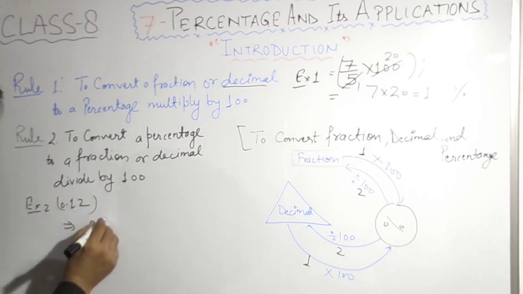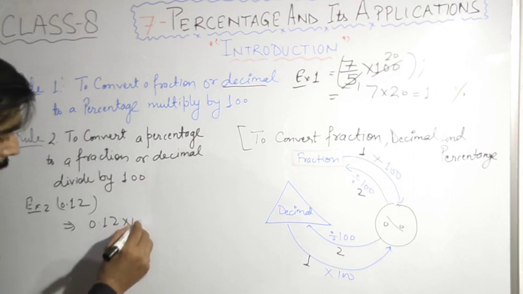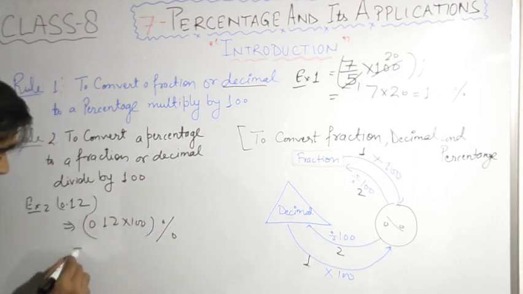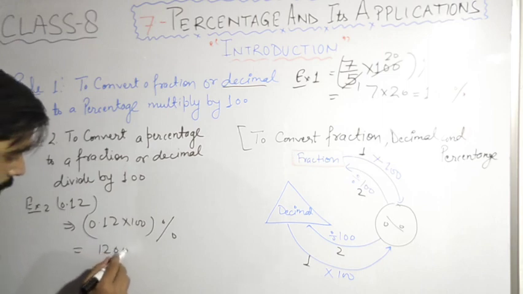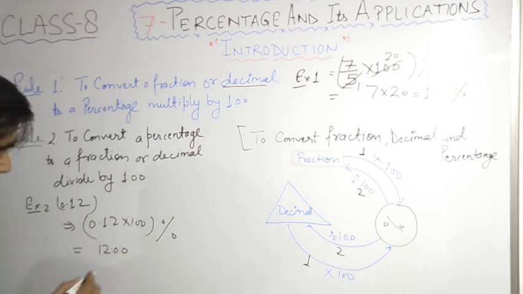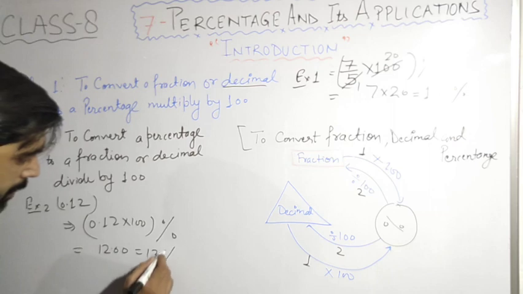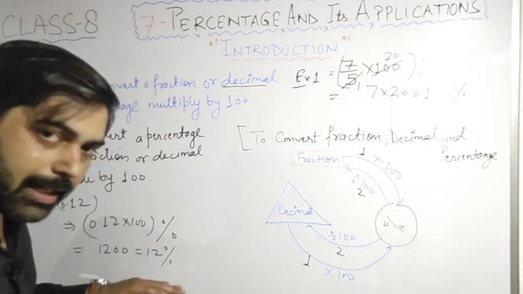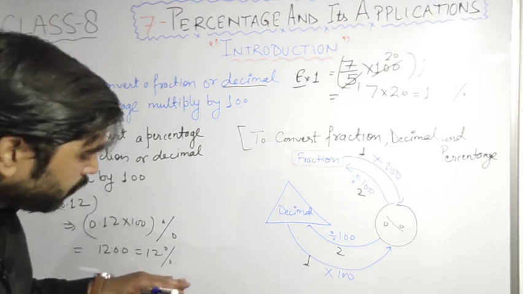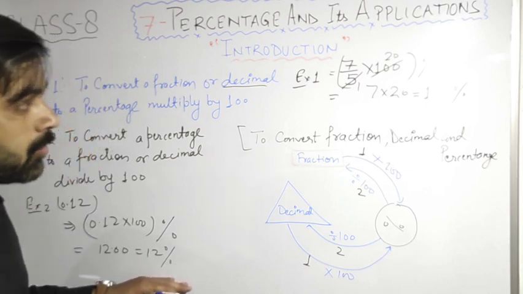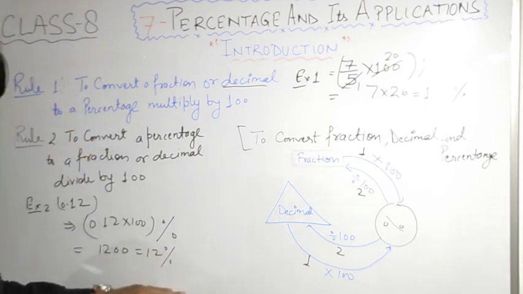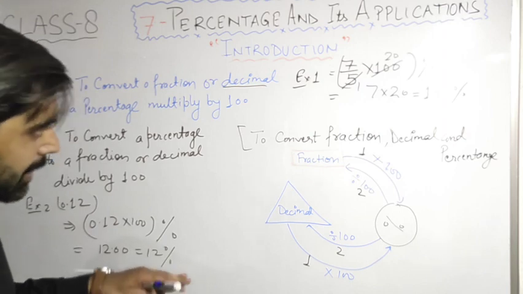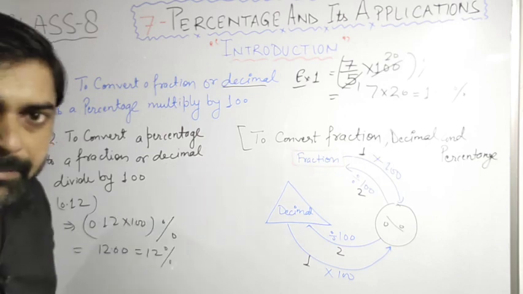So 0.12 multiplied by 100 gives 1200, and using the decimal after 2 digits, we get 12%. And when we convert any number into a percentage, then always use the percentage symbol. Understood? And this is the percentage symbol.